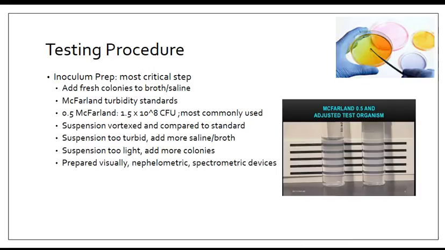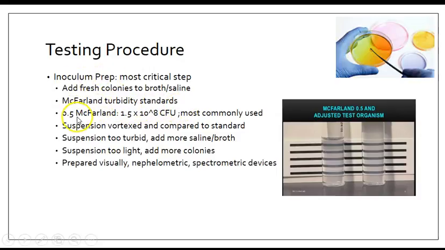The inoculum is just some saline or broth with the organism in it like this. And you've done this before, I think. You add fresh colonies. They should be 18 to 24 hours old in order to get the correct results. The McFarland turbidity standards are used.